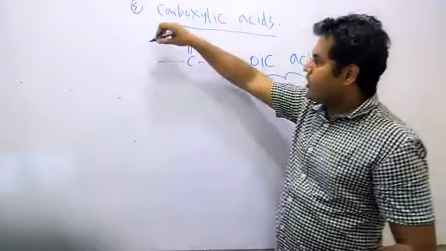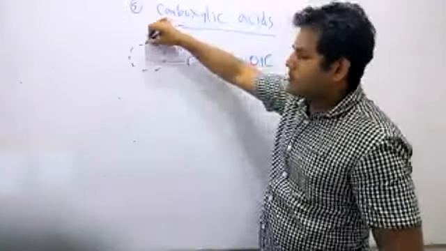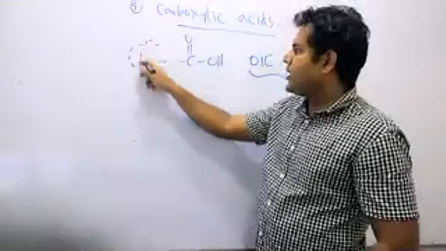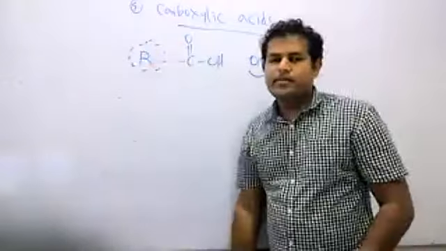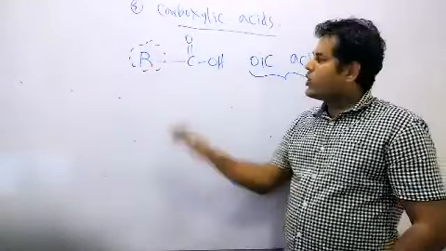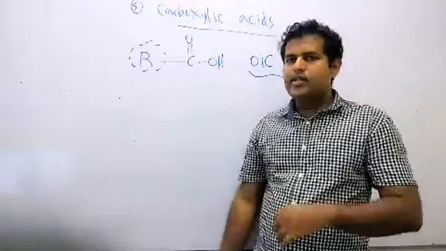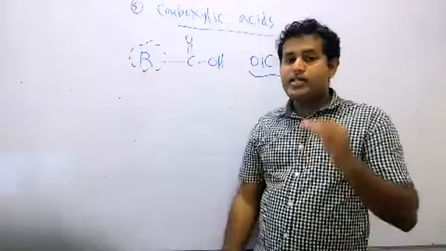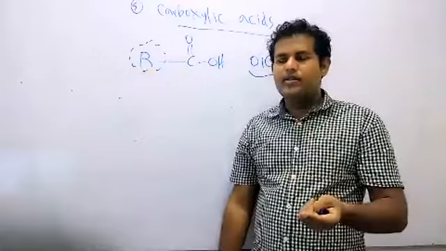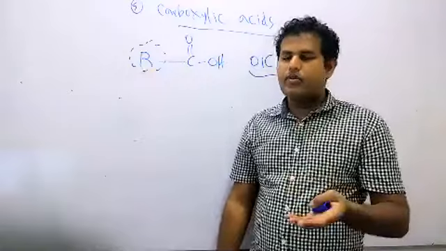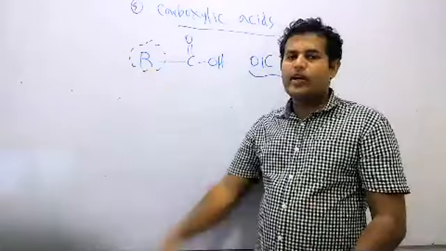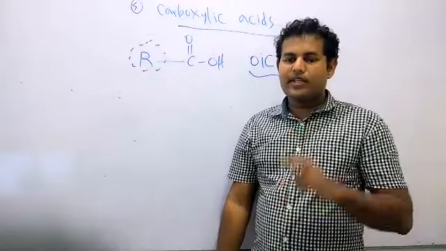So what's here? Here you can add the R group. But not always. In certain cases, we don't want to keep the R group. Instead of an R group, what can we keep? What do you believe? Instead of an R group, we can keep one species.